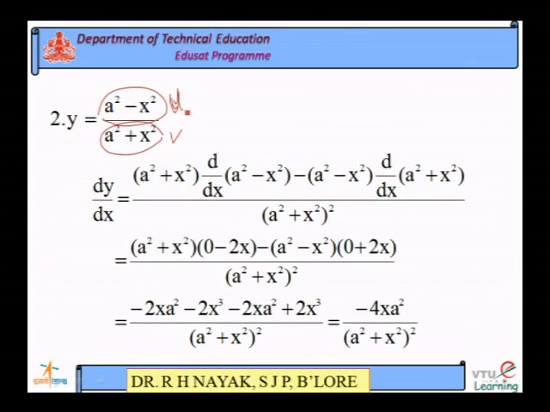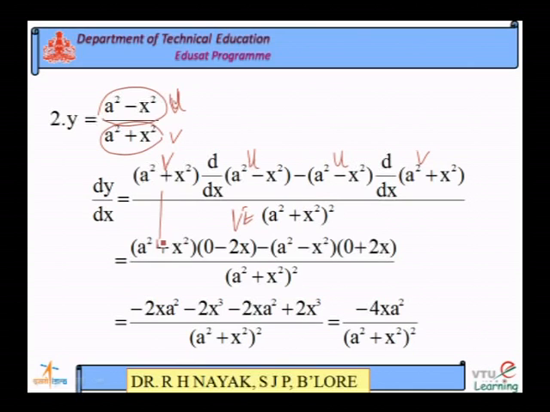According to the rule, v into differentiation of u minus u into differentiation of v, whole divided by v square. We have just applied the rule.